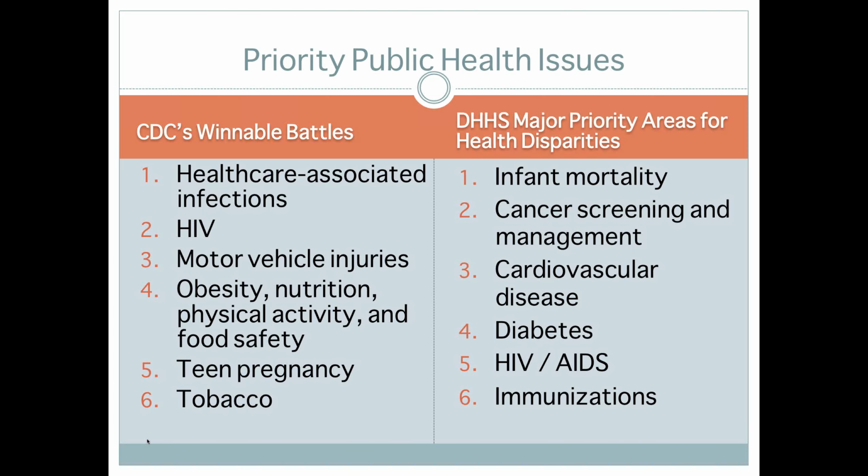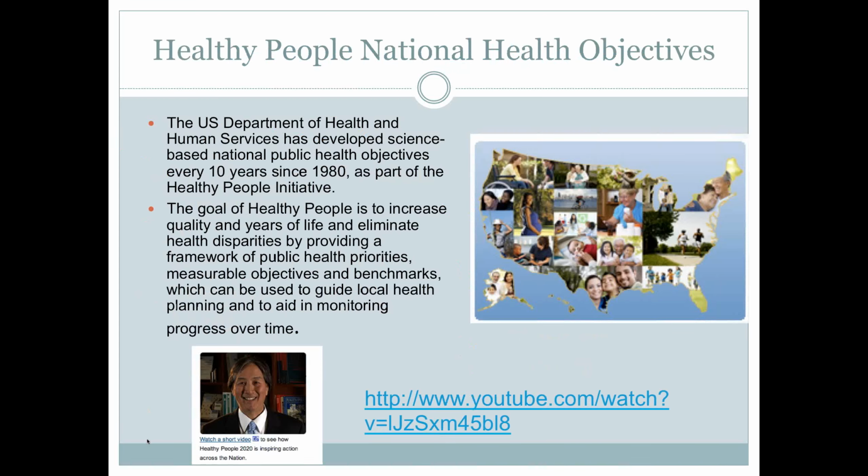So sorry. So these were the priority public health issues that we discussed, the CDC winnable battles and the DHHS major priorities for health disparities. This slide is showing about Healthy People, the Healthy People Initiative.